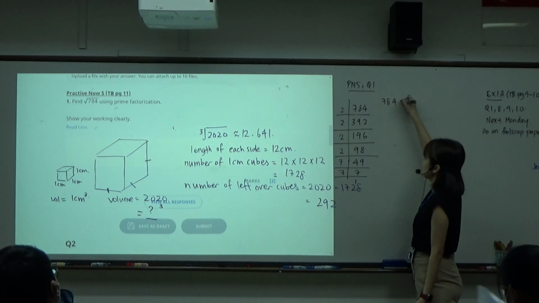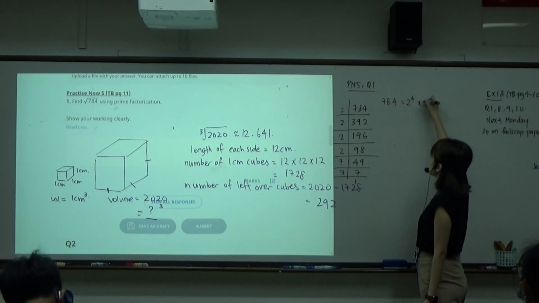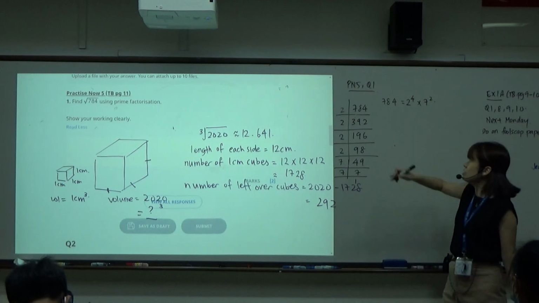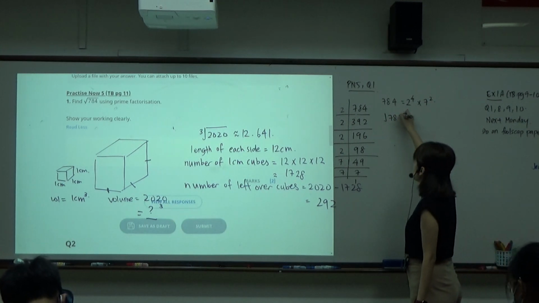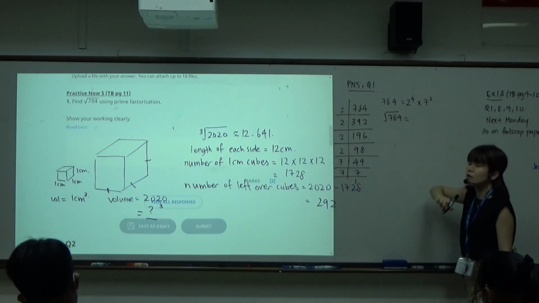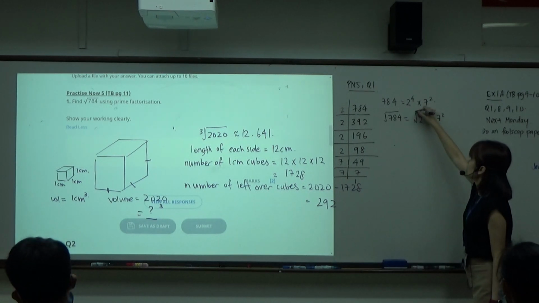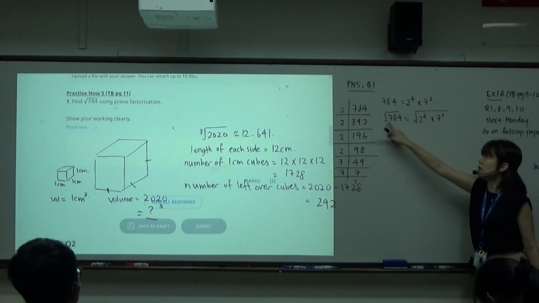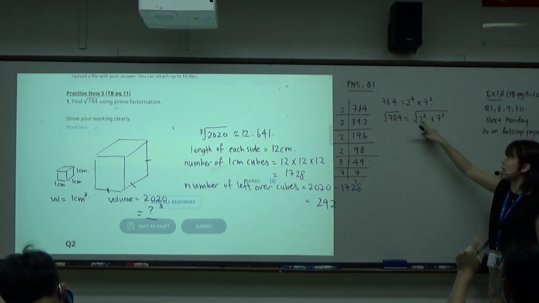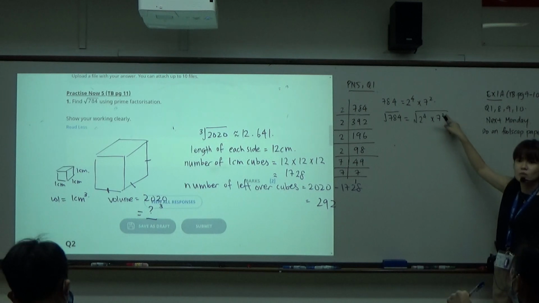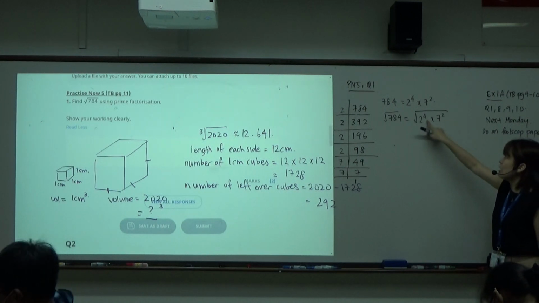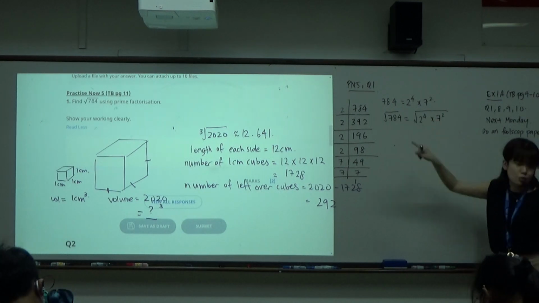We will write it as 784 equals 2 to the power of 4 times 7 squared. In order to find the square root of 784, if you have watched the video, we are looking at the square root of 784 equals the square root of 2 to the power of 4 times 7 squared.